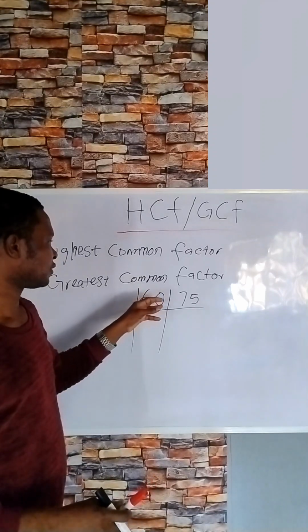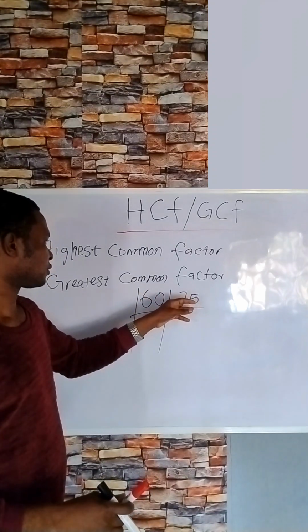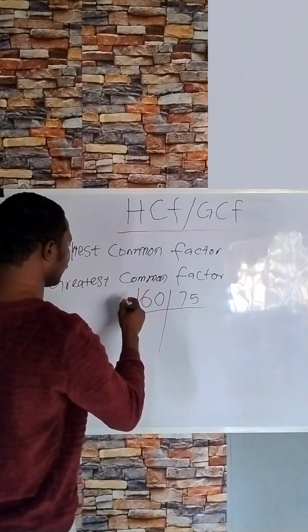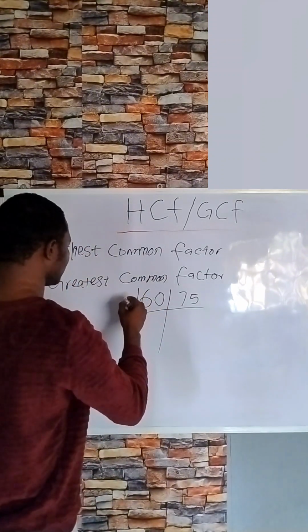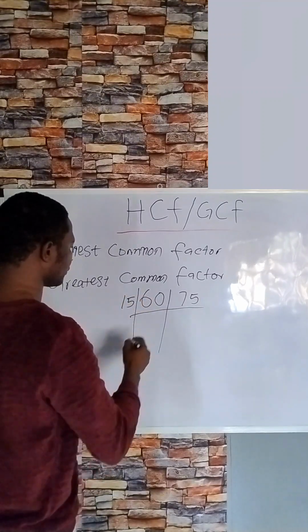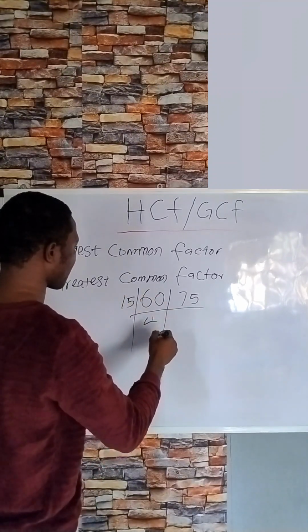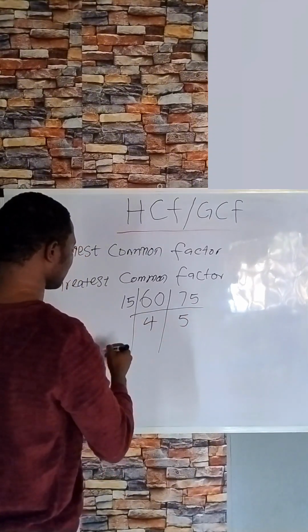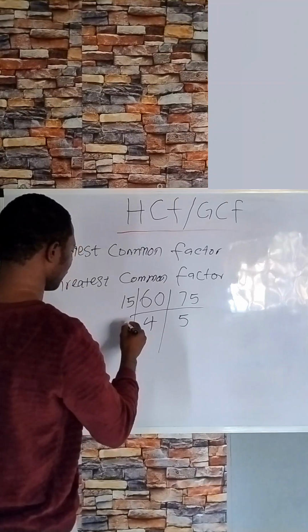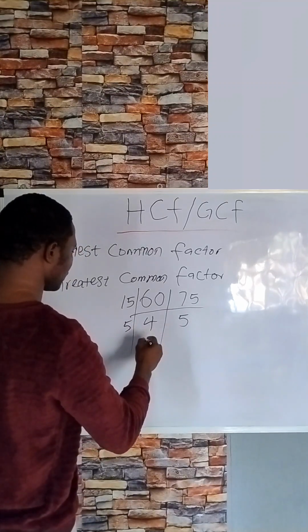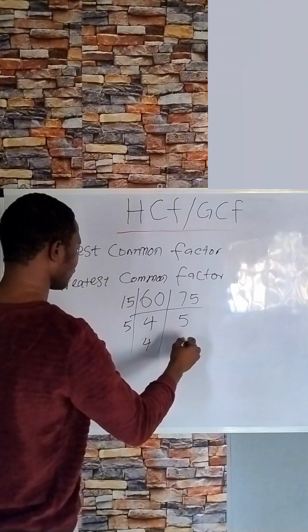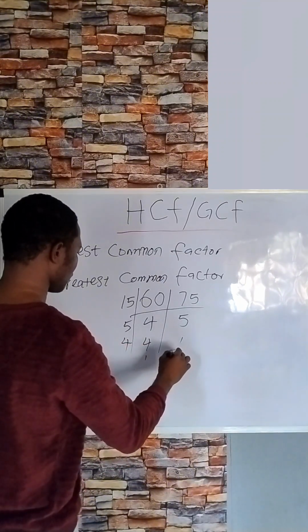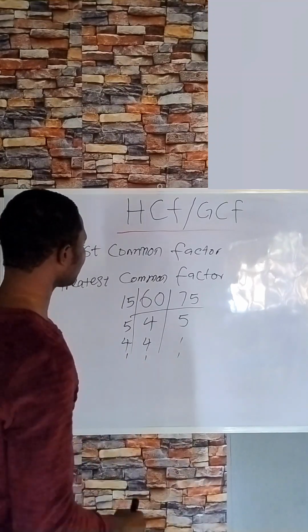Then if you go with 15, yes, 15 can go. 15 here will be 4, and 15 in 75 will be 5. Then 5, 4, 1, and then 1.